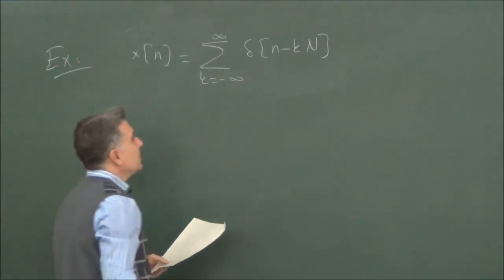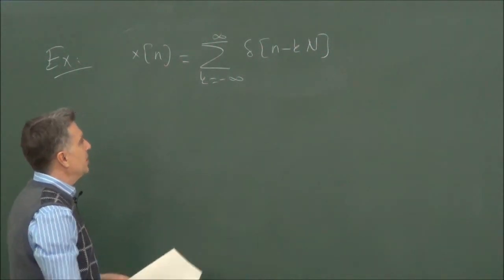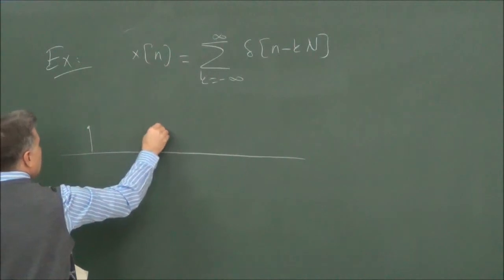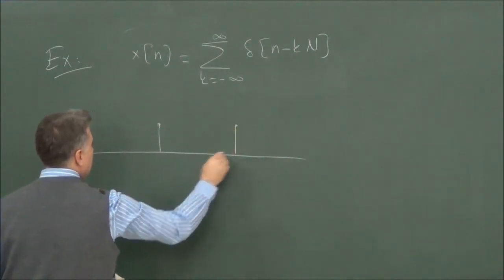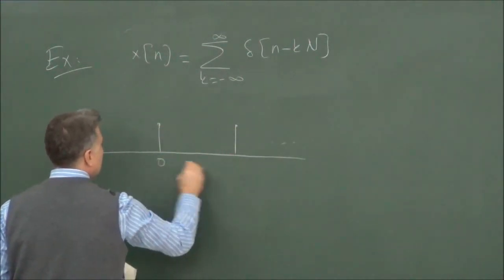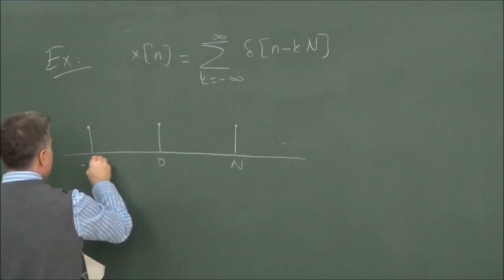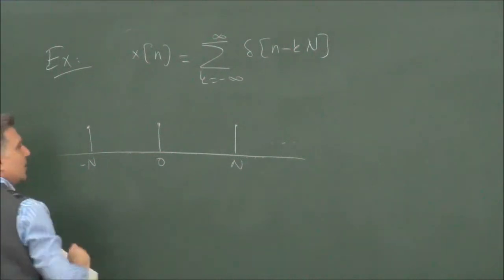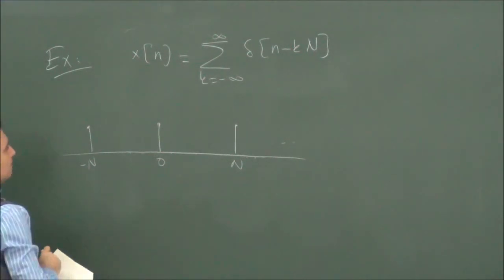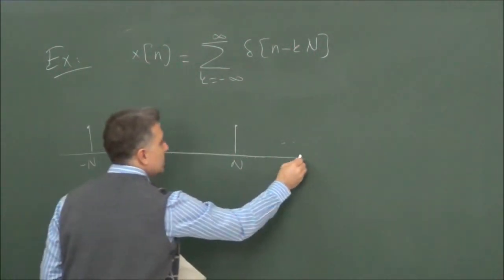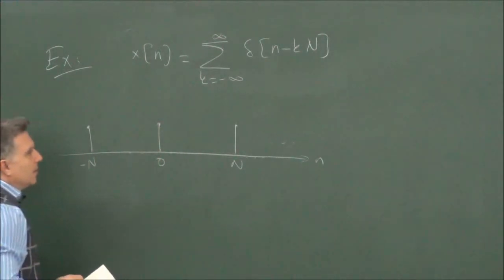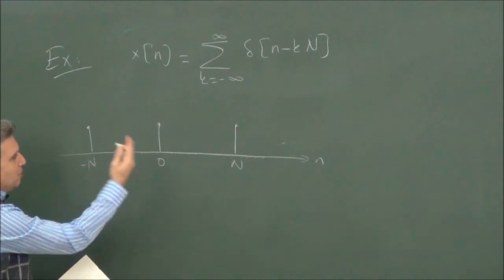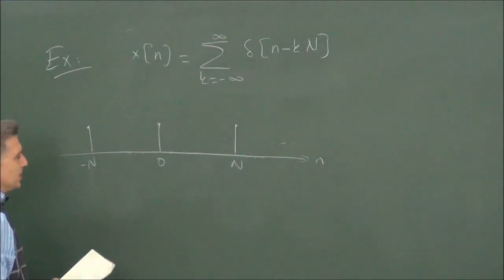So this is a discrete periodic signal with period capital N, and in between they are all zeros. This is your signal over the axis of n, a discrete time periodic signal consisting of impulses appearing at periods of capital N.